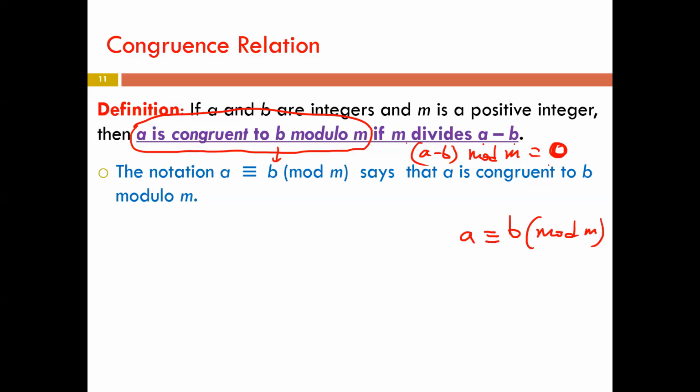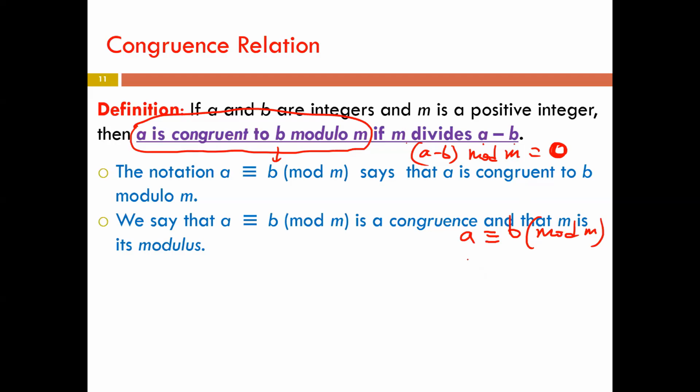The remainder is 0 when you divide A minus B by M. This is called the congruence relation, and M is the modulus of this congruence.